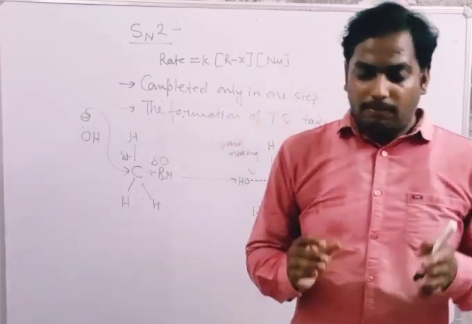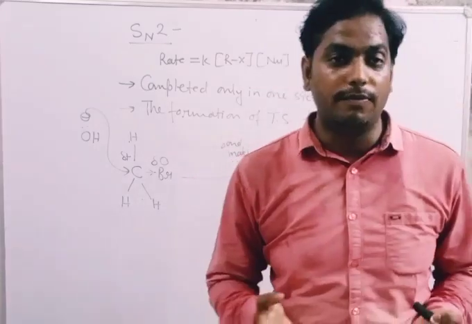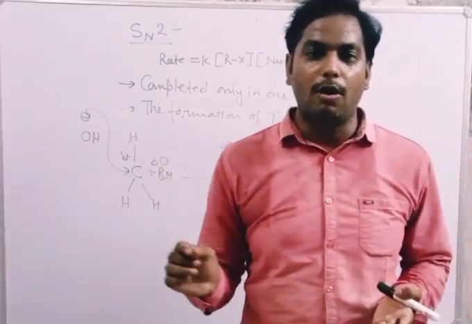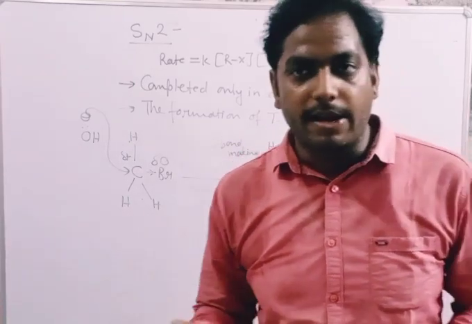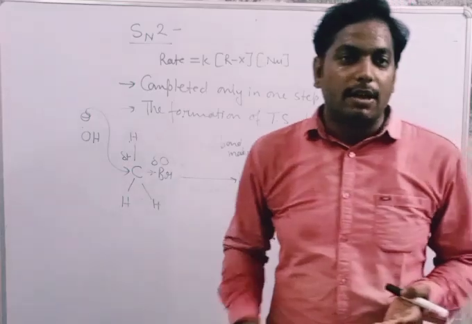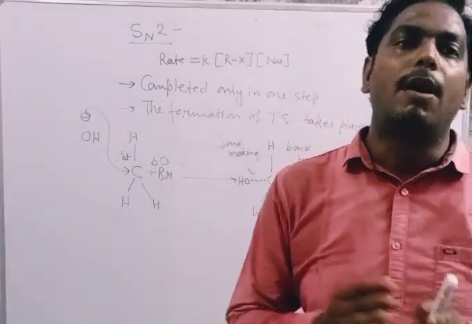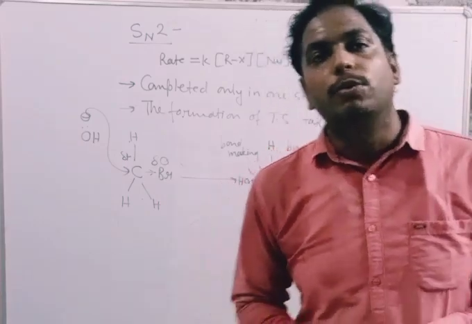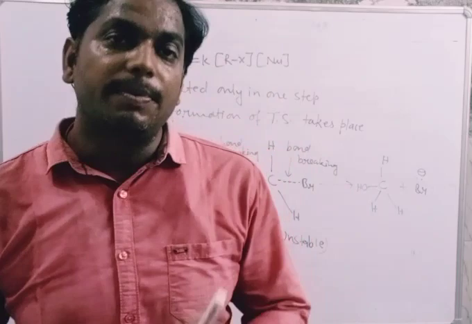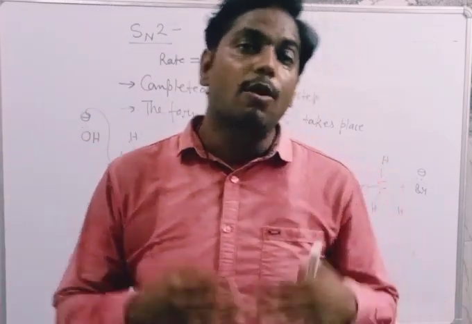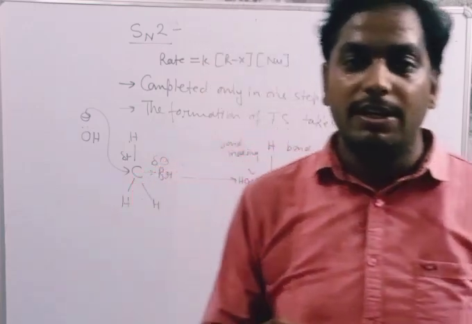Because there is a possibility of some amount of opposite attack or backside attack, but there is no surety that 50% of the compound will be formed. So due to this reason a racemic mixture forms, but only partially, not completely.